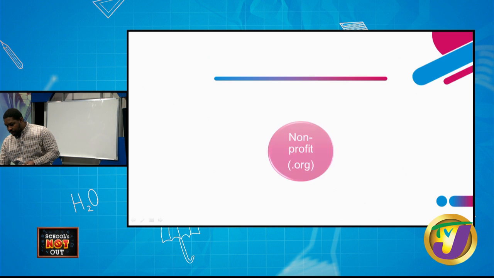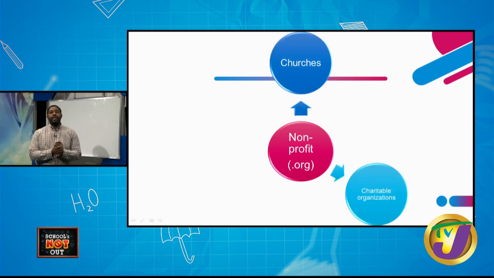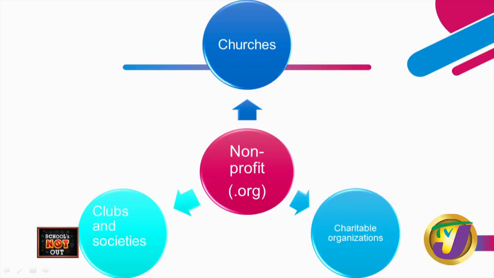Next, of course, we have non-profit organizations. Non-profit organizations are organizations who, even if they have some form of monetary exchange going on, it is not for profit. They are not doing a business. Some of them might be able to take donations, but they can't do anything for a business. That might include churches, clubs and societies like Key Club, and any website created by these people has to be a .org.